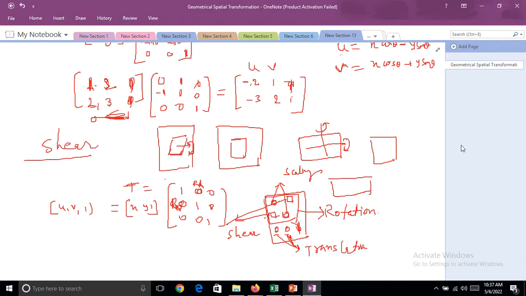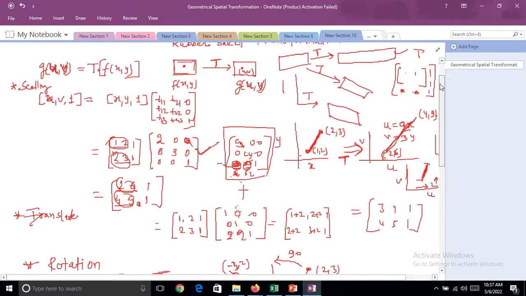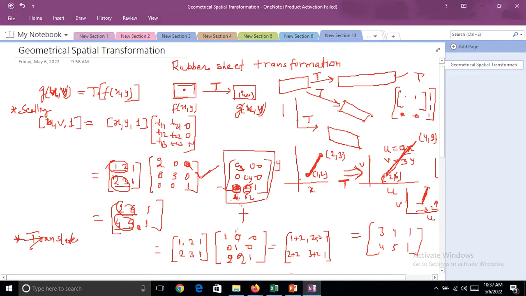In the next session, we shall see some more examples. We shall give some exercises also in the lab to apply these transformations on an image and look at how it looks. And also we shall see that after transforming the pixels, sometimes extra pixels will be created.